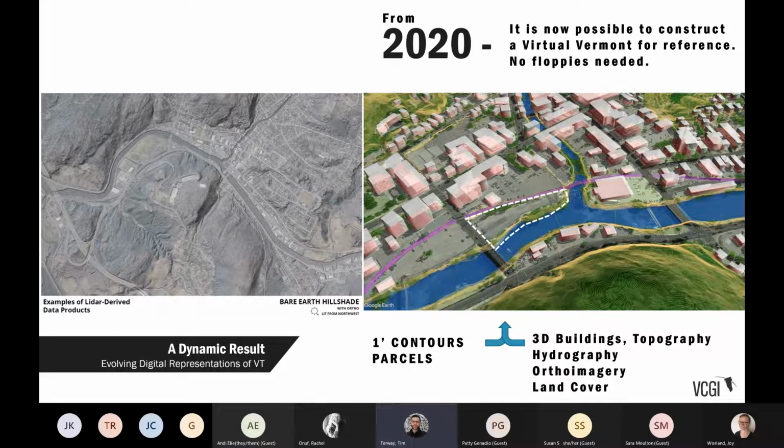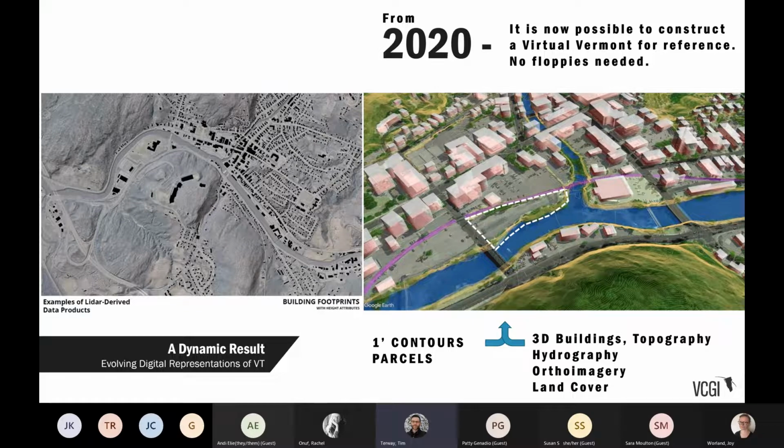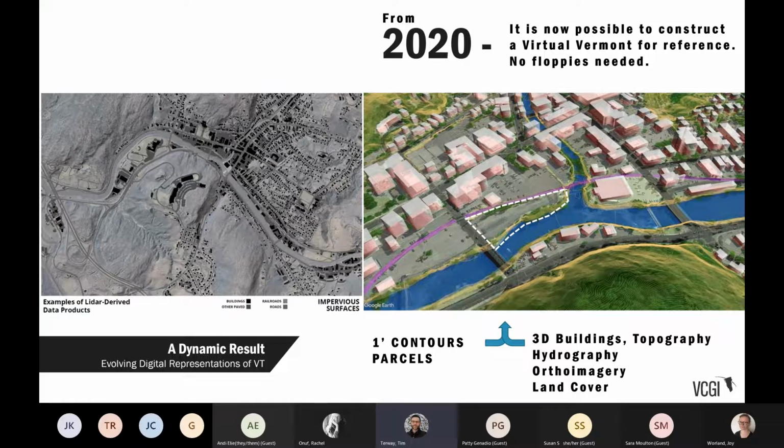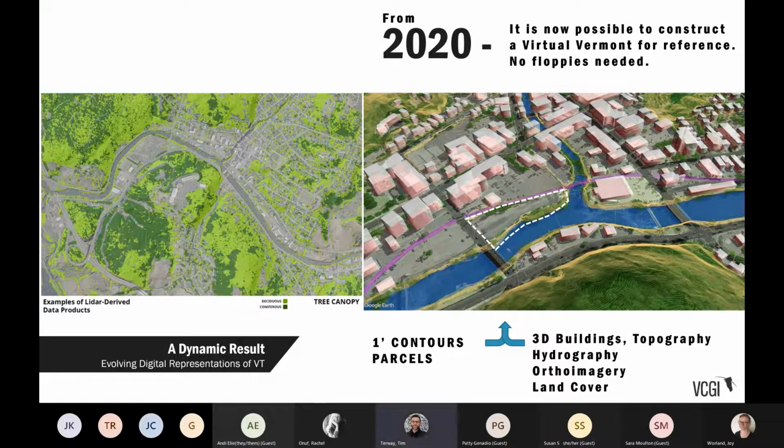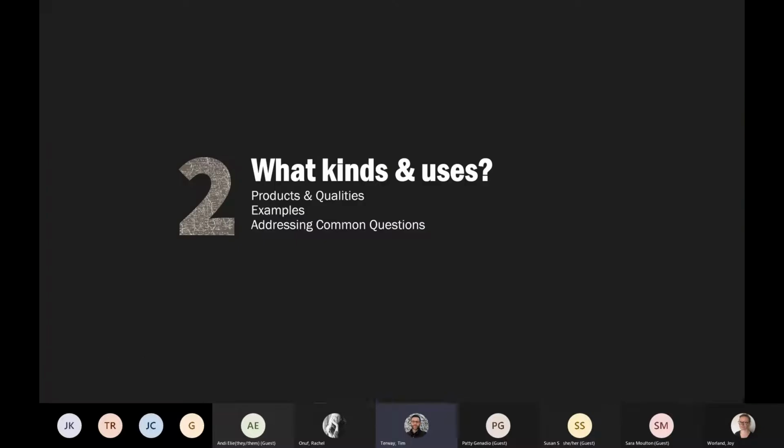You're looking at the right-hand side there of the confluence of the Winooski River in downtown Montpelier, and on the left you see an animation of different layers being stacked over and on top of each other. It's really fascinating that we, fairly close to real time, can show how Vermont looks virtually from the comfort of your internet connection. So on to the second stage.